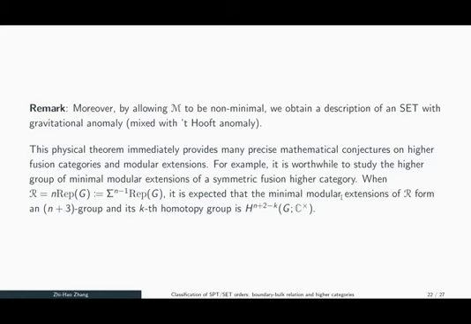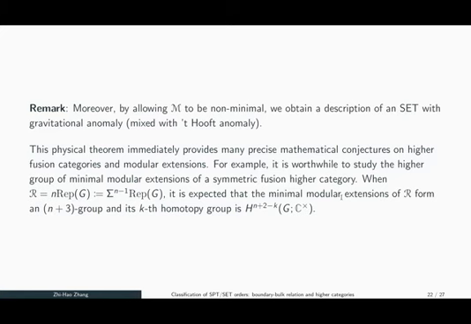I'm sorry. So when n equals 1, the minimal extensions form a 4-group according to you. Yes. It's not very clear because when you try to consider minimal modular extensions and functors and natural transformations, you maybe only get a 3-group.